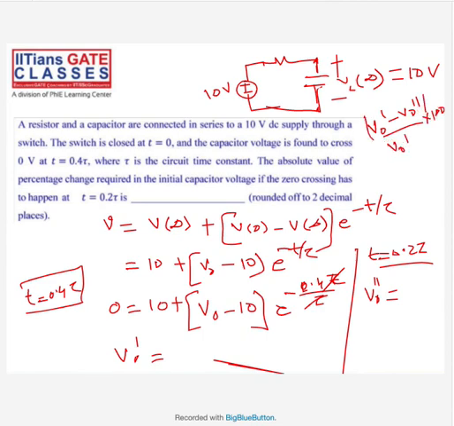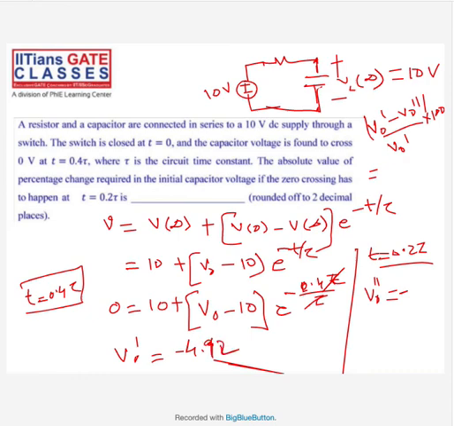The mod of this. You'll get some negative values for both. Tell me the answer for V0, e power minus 0.4. I hope everyone has a calculator, 0.67. So tell me the value of V0. Minus 4.92.